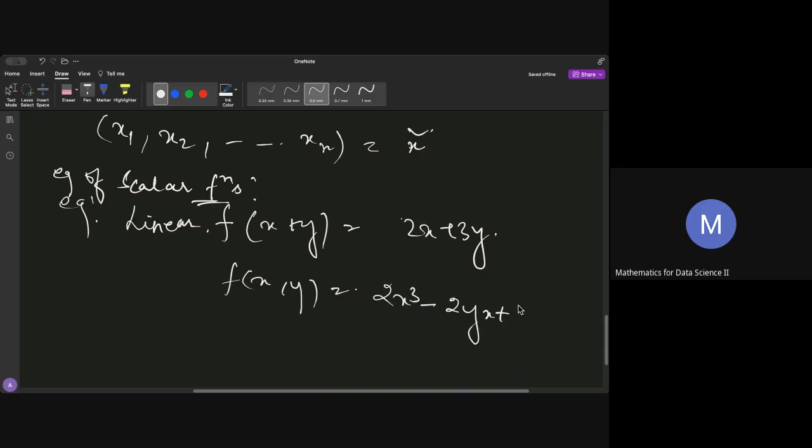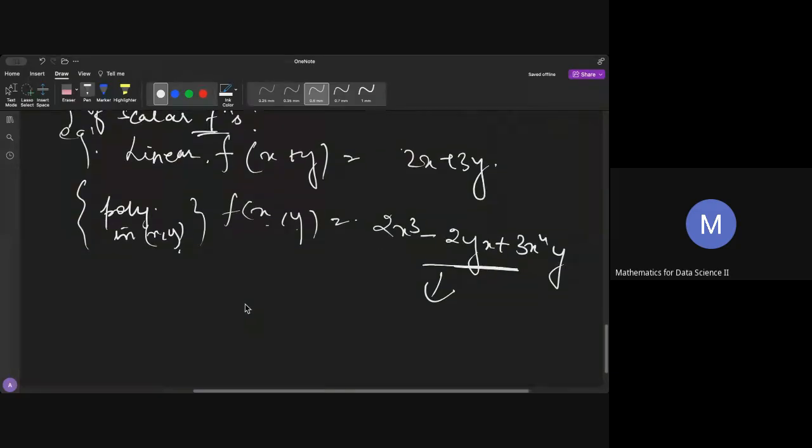This is another example of a scalar valued function. If you put the value of x and y here, you'll just get a number. That won't be a vector. This is also called a polynomial in two variables, x and y.